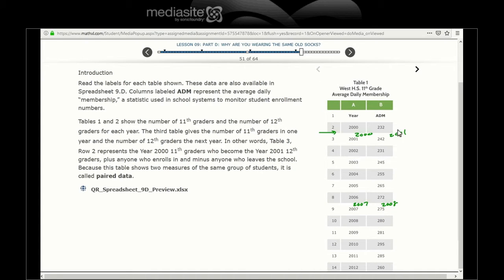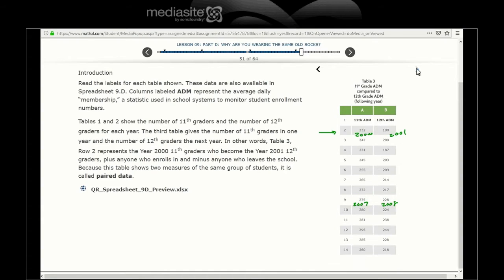Yes, it is. 2008 was 228. So these data points are taken off the previous tables, just off by a year, because 11th graders are next year's 12th graders. And it's called paired data because technically it's the same students.